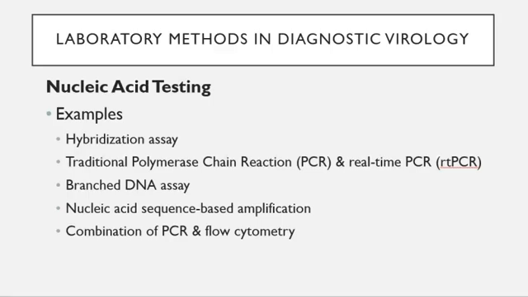Then there's the branched DNA assay, which is a signal amplification test as opposed to target amplification. It's used to detect nucleic acid molecules. And then there's the nucleic acid sequence-based amplification. And then there's the combination of PCR and flow cytometry. In flow cytometry, you're basically detecting a certain type of cell.